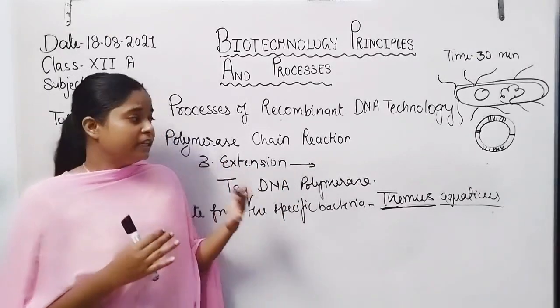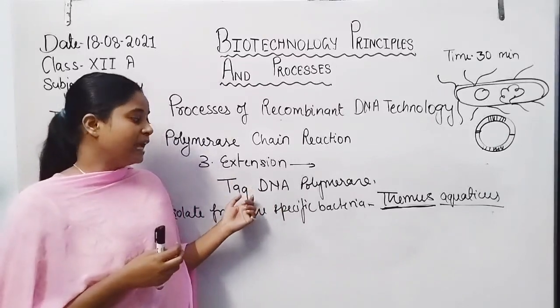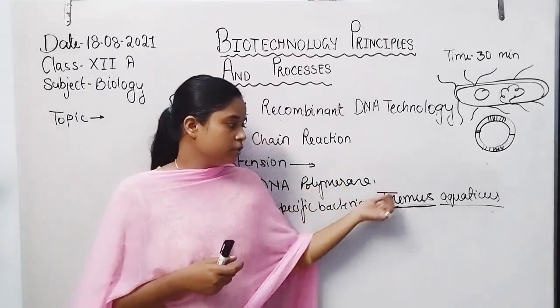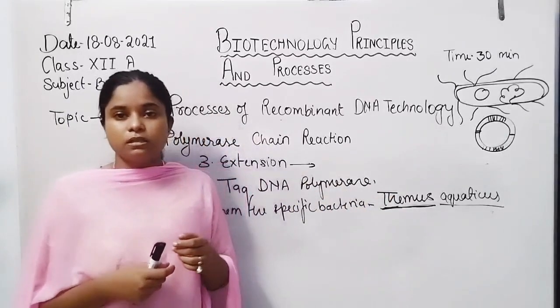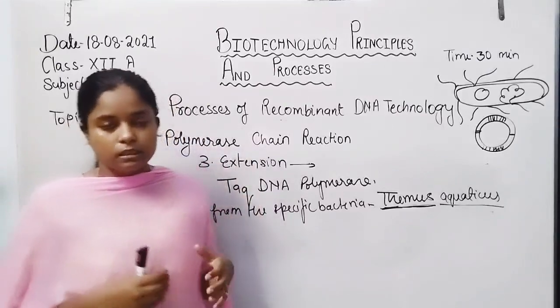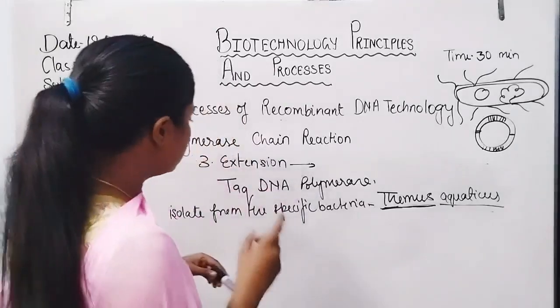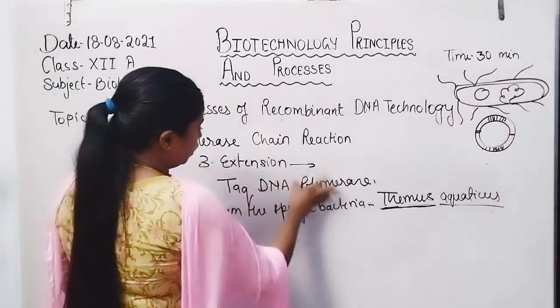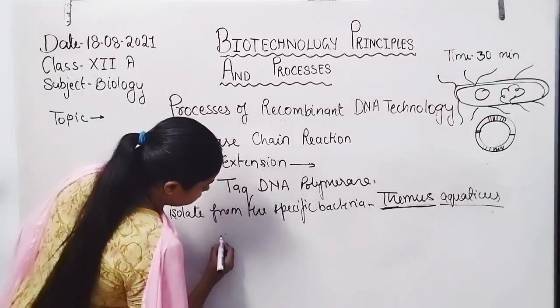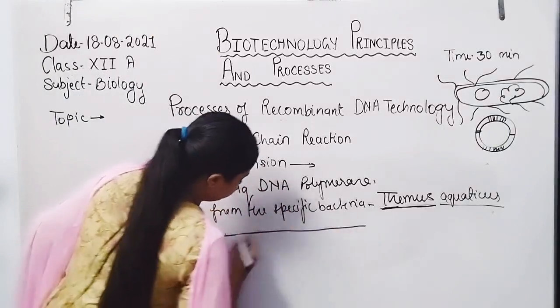So during the denaturation of DNA, the Taq DNA polymerase, which is isolated from Thermus aquaticus, does not lose its activity at this temperature. That's why we use this type of DNA polymerase. What it actually does is extend the DNA strand.